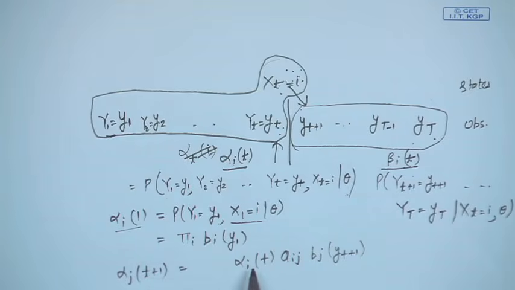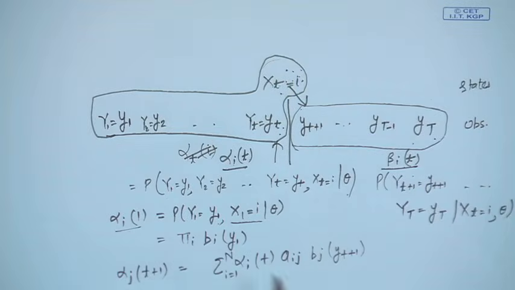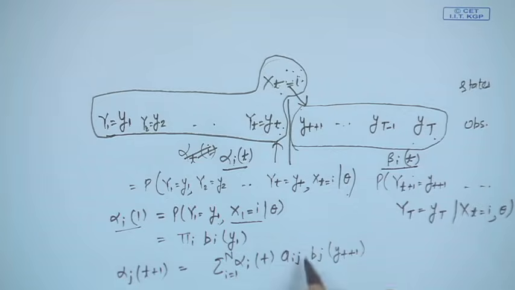And this I can obtain from any of the previous states, so I have to sum over all the possible states here. From all the previous states at the tth time step, I can be in state i, have the transition probabilities and the emission probabilities for t plus 1, and that is how I can compute alpha_j(t+1) from all the alpha_i(t). This is how you can compute your alpha_j in a recursive manner starting from alpha_i(1).